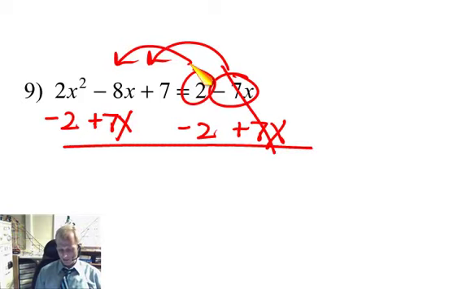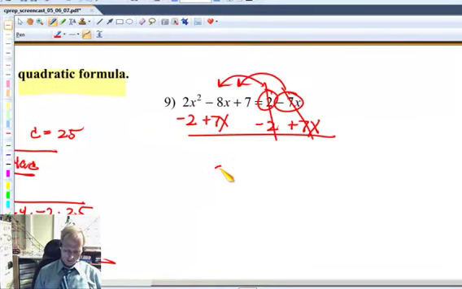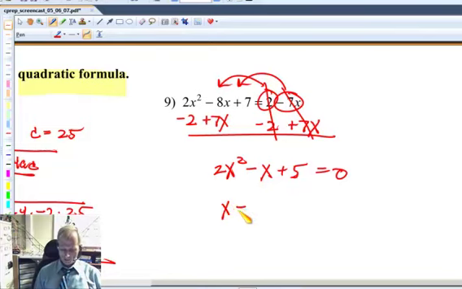So I'm going to subtract 2 and add 7x to both sides. That's going to give me 2x squared minus x plus 5 equals 0. And so now I'm going to use the quadratic formula, and a is going to be 2, b is going to be negative 1, and c is going to be 5.